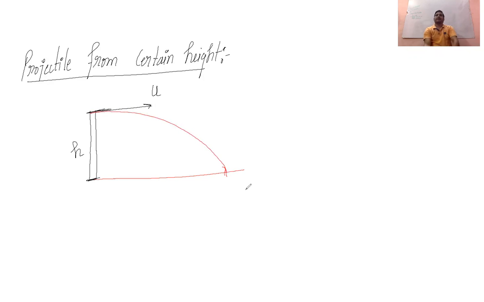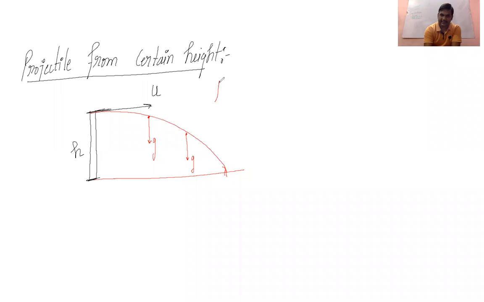Initially it has been given velocity u, but it will come downward due to the acceleration due to gravity, because g acts vertically downward at every point. So due to g only, this will come downward.